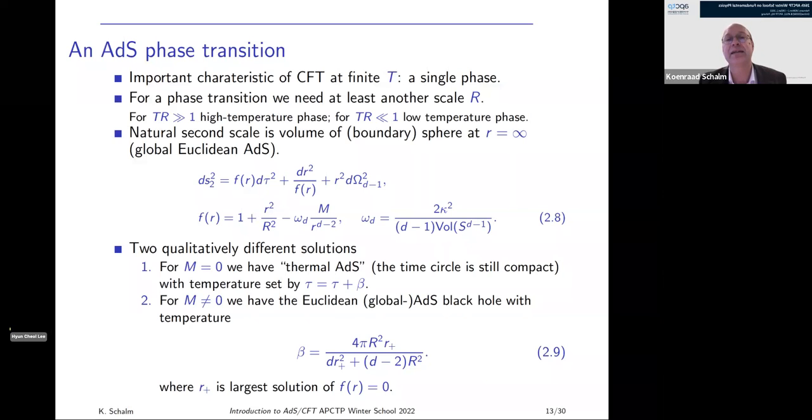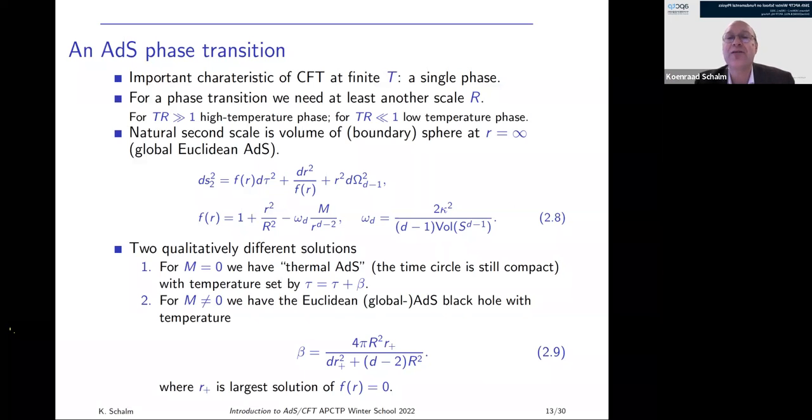And it actually means that the finite temperature dynamics of a CFT is just a single phase. There's now a dimensional parameter, but since this dimensional parameter cannot be compared with any other dimensional parameter, you just get a single answer, right? And it's essentially the answer you get by placing the system in a compactified Euclidean time.